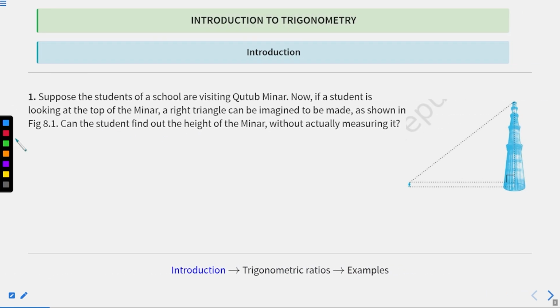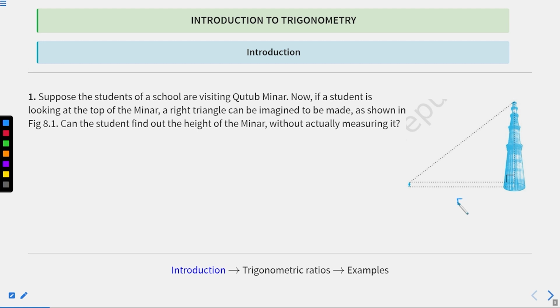Example number one. Here we suppose the students of a school are visiting Qutub Minar. Now, if a student is looking at the top of the Minar, a right triangle can be imagined to be made, as shown in figure 8.1.